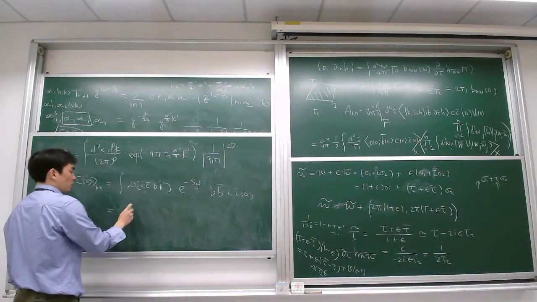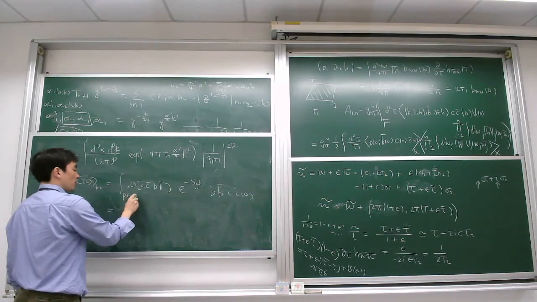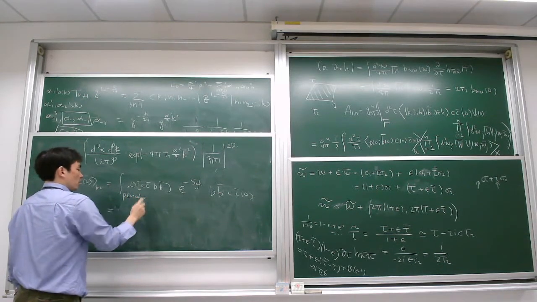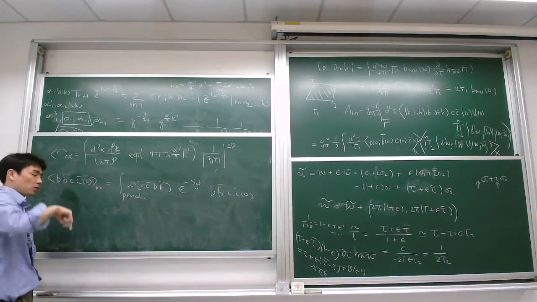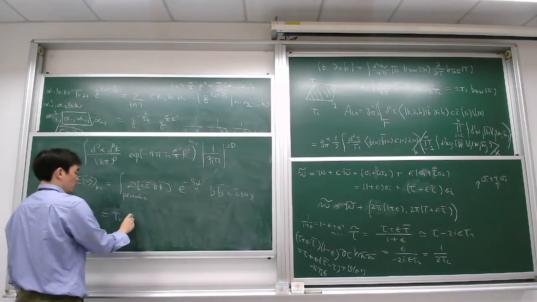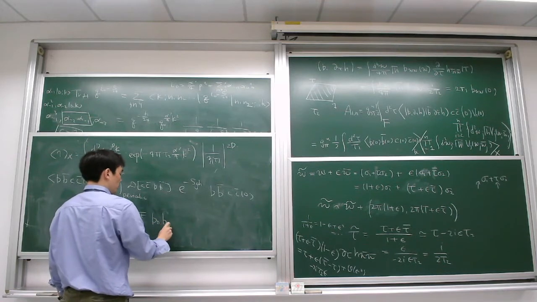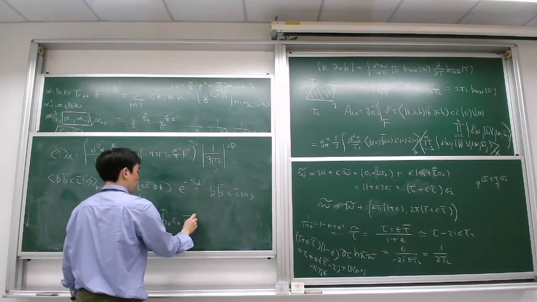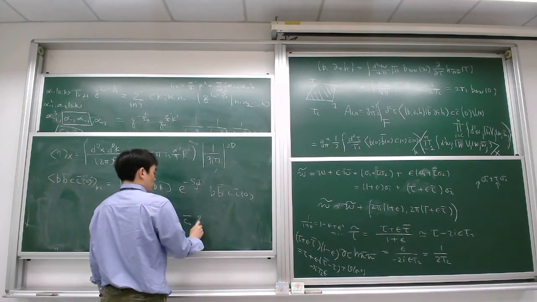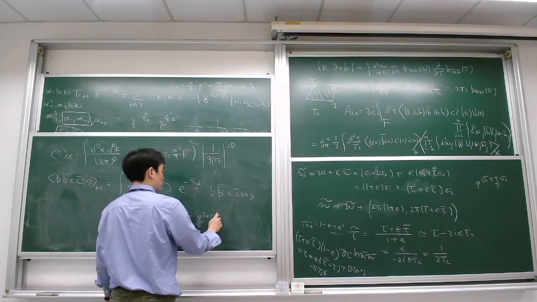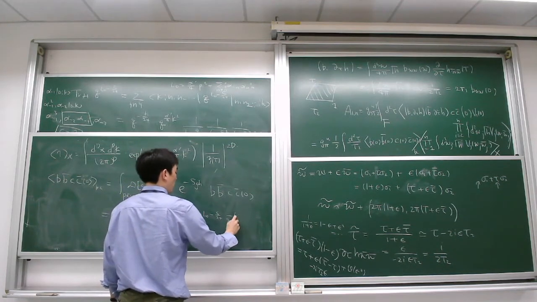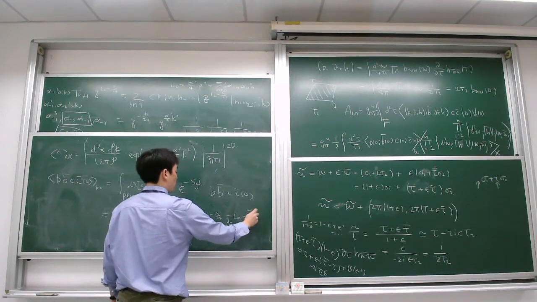So therefore, you just introduce periodic boundary conditions on the time circle. So that can be written in the Hamiltonian formulation: B0, B0 bar, C0, C0 bar, q to the L0 minus c over 24, q bar to the L0 bar minus c over 24.